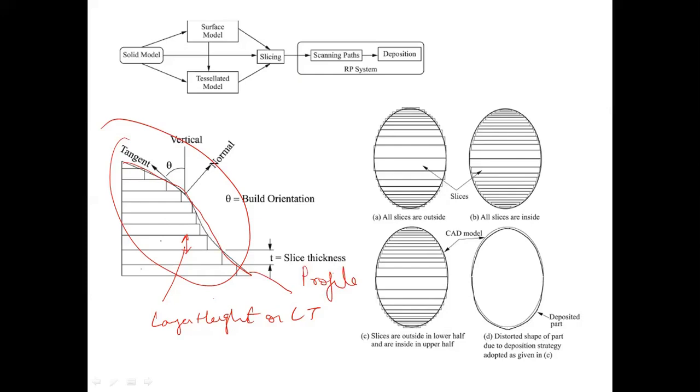In RP, if you remember the process, we had a CAD model, we sliced the CAD model, and then we squared off the edges. Squaring of the edges leads to this effect, which is called the staircasing effect. When you get a staircasing effect, definitely you are going to get surface roughness.